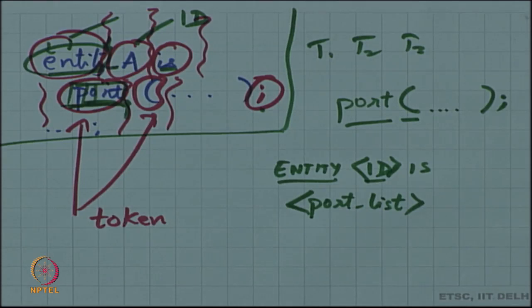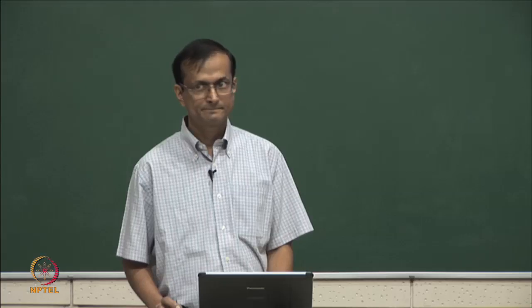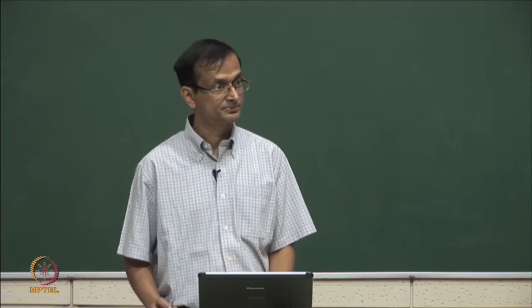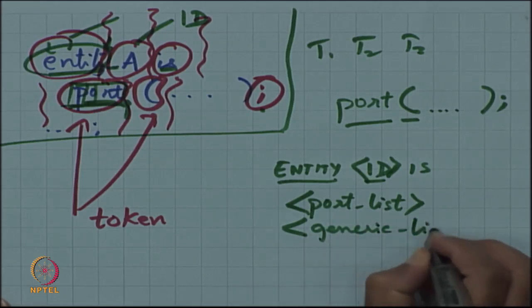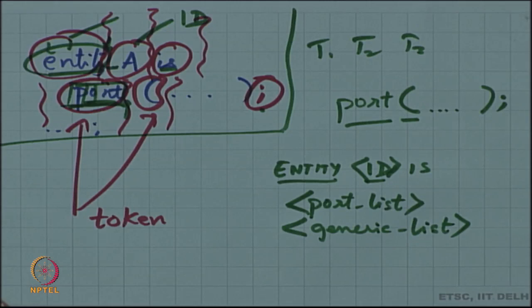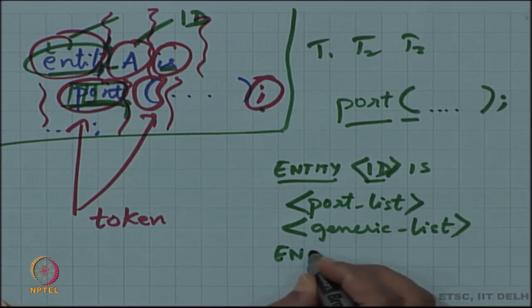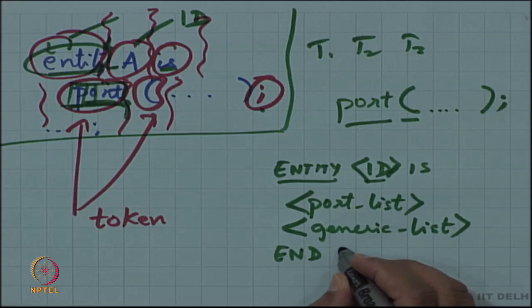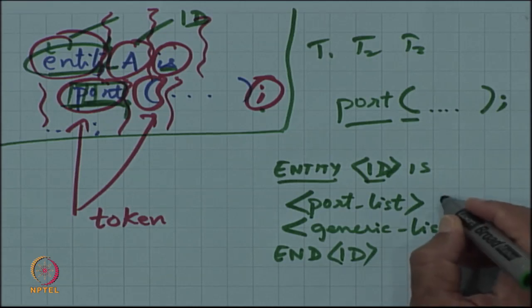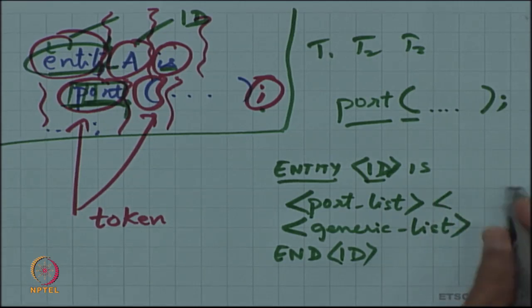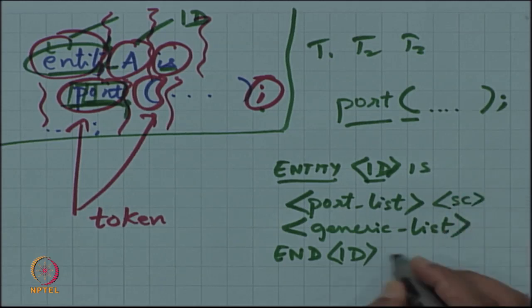And then the generic parameters might have to be given. So, there would be an associated generic list. Then I would have that end, ID, and if there was a semicolon, which is also one of our tokens, you can say there is a semicolon here.